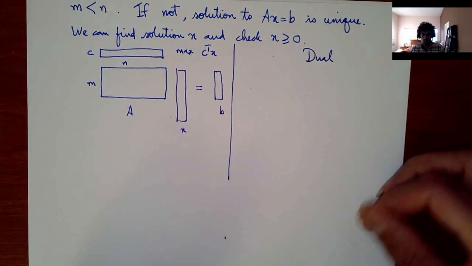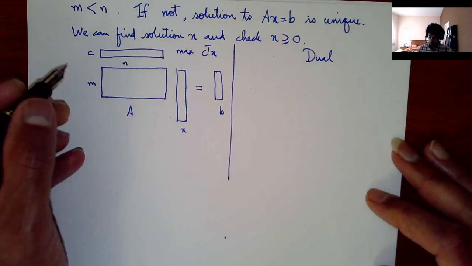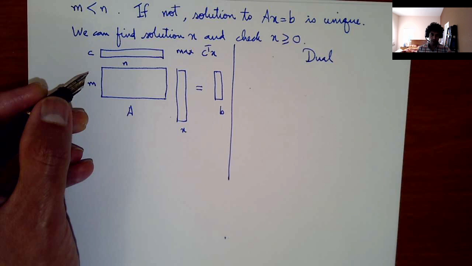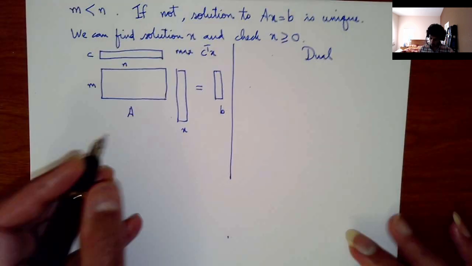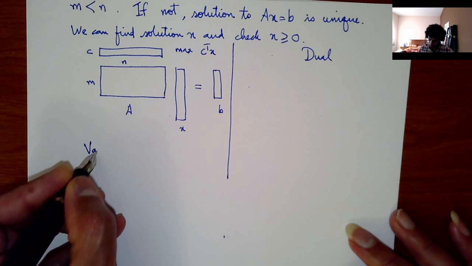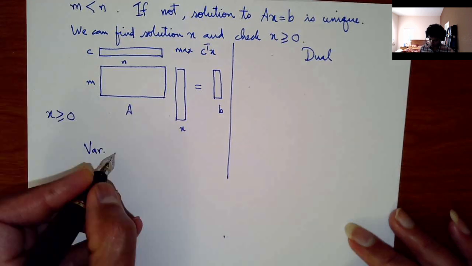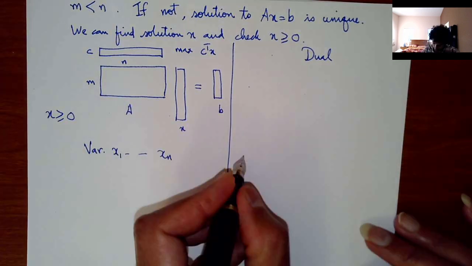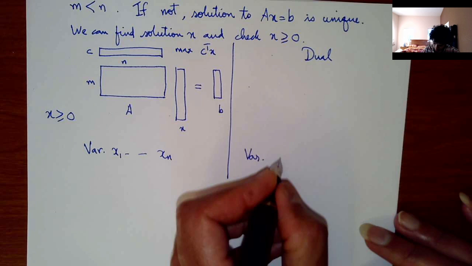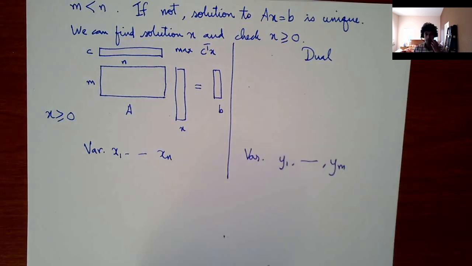So what am I going to have in the dual variable? I have a dual variable for every constraint. Right? So the variables here are x1 up to xn, of course with x greater than or equal to 0, and the variables over here are y1 to ym.